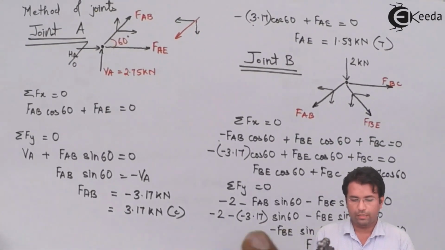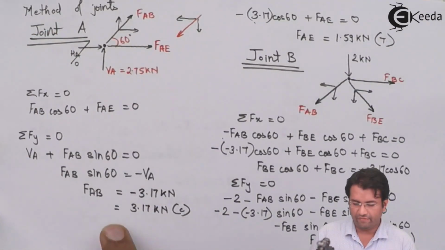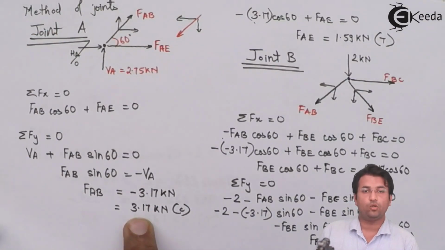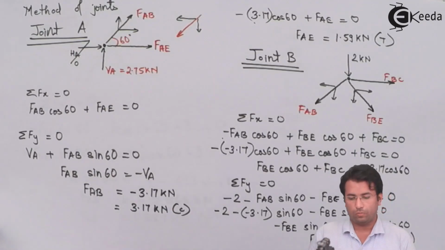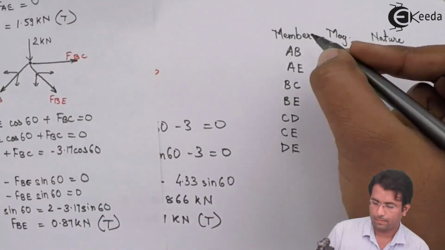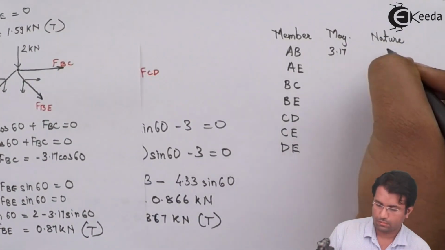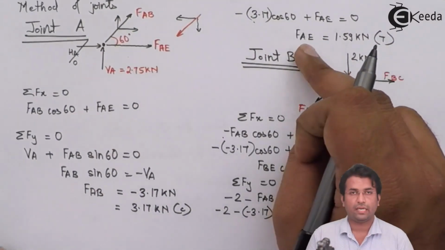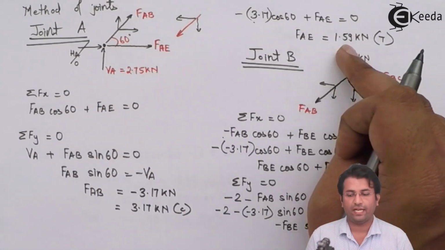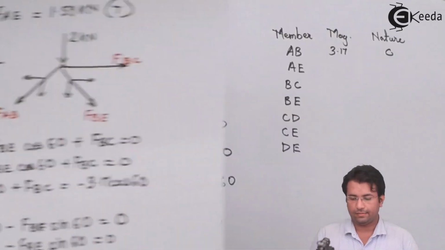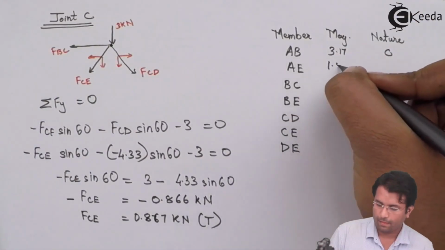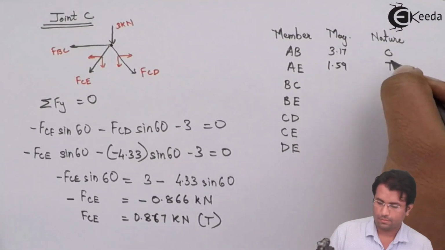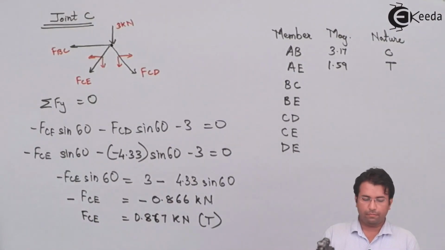Now, the force in member AB, we have got it as 3.17 kilonewtons, and that is compressive. We have got the force in member AE as 1.59, that is tensile. Now we have to find out the force in members BC and BE.